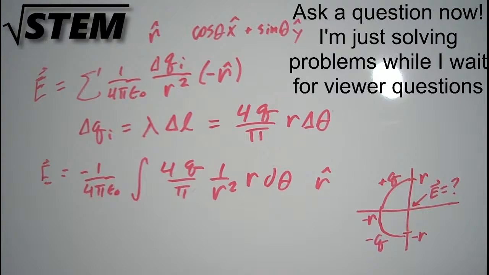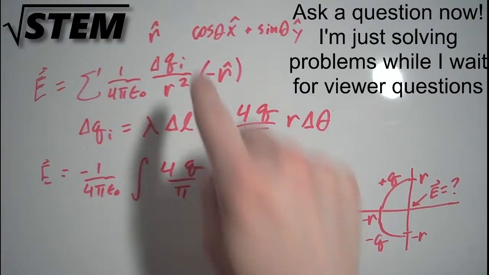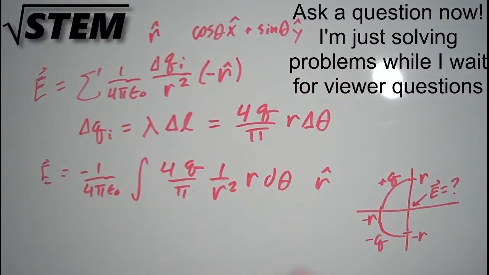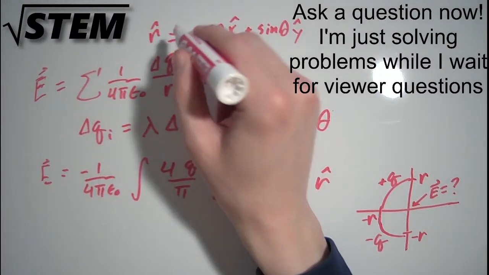Will that be of magnitude 1 though? I think so, because cosine theta, sine theta describes points that are on the unit circle, which are exactly distance 1 away from the origin. So this is still of unit length.